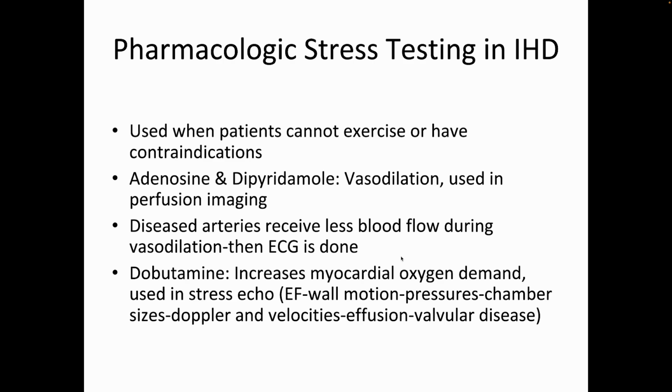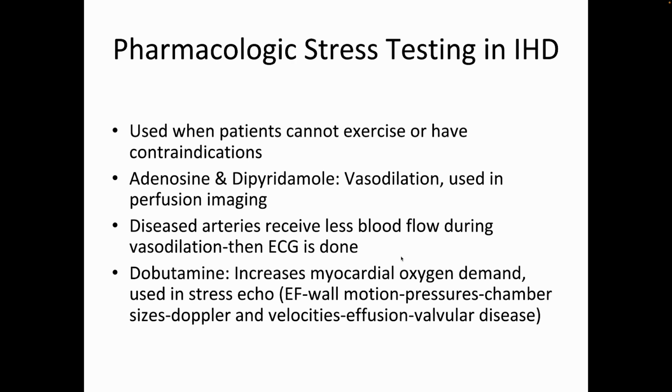And because you have this slight narrowing of the diseased arteries, the generalized vasodilation actually takes away a little bit of the blood supply from these coronary arteries, causing a stress pattern, or it will cause ST depression in the areas affected.